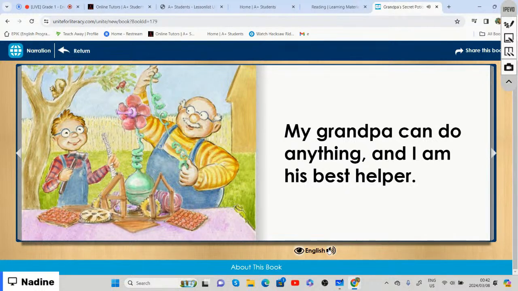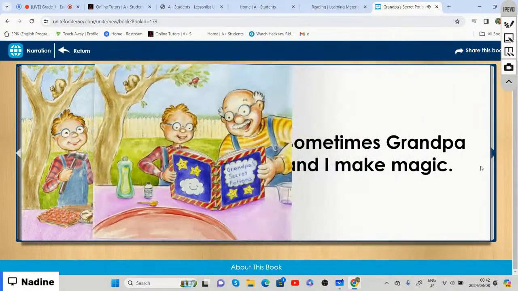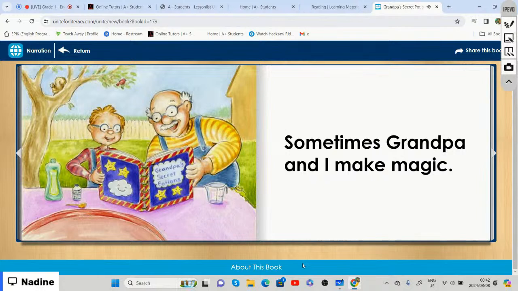My grandpa can do anything, and I am his best helper. Sometimes Grandpa and I make magic.